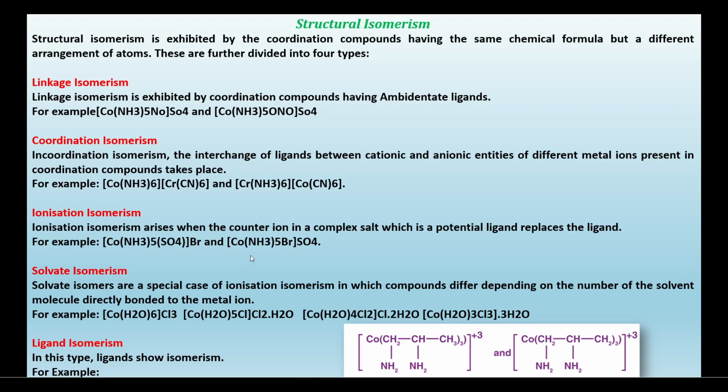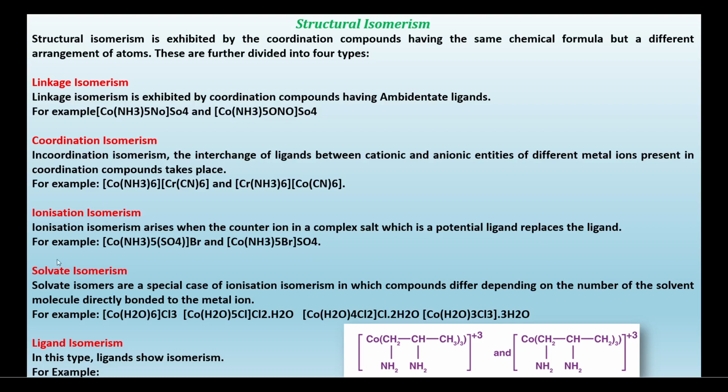Coming to ionization isomerism, it arises when the counter ion in a complex is a potential ligand that can replace the ligand. In the chromium complex, the bromine is outside the coordination sphere, while here it is inside the coordination sphere. This is observed in ionization isomerism.